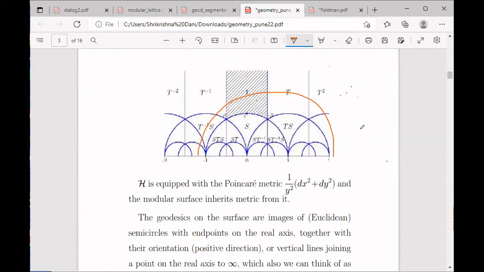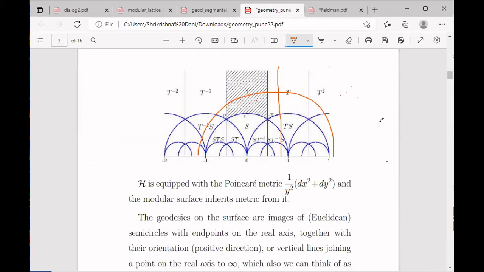Pardon my drawing, it doesn't exactly look semicircular, but it's meant to be the semicircle joining these 2 points with the midpoint somewhere here. So this is a geodesic, and if you do it with all the points on the real line, as well as a point at infinity, that will go straight vertically. So these are also geodesics.